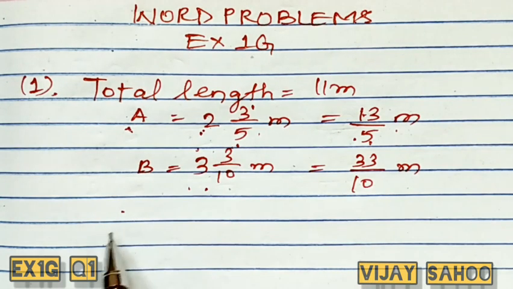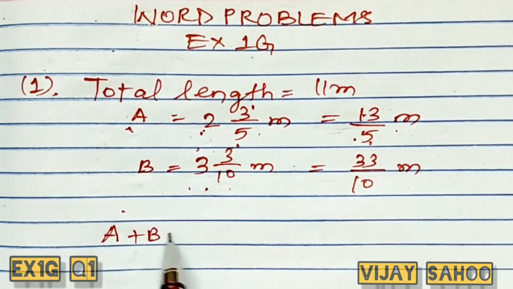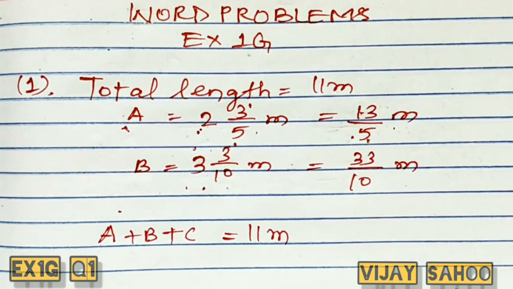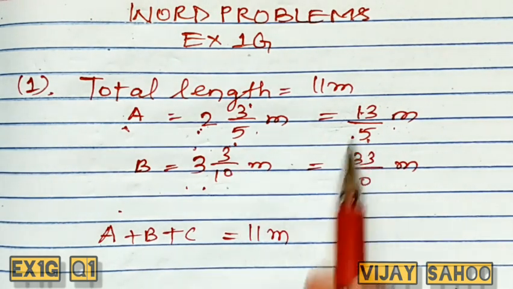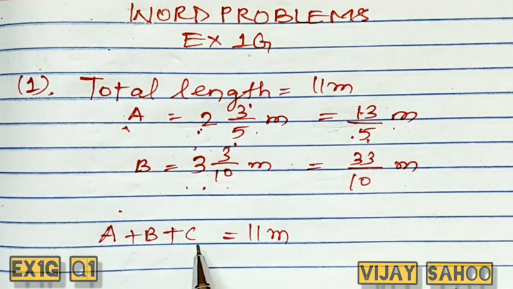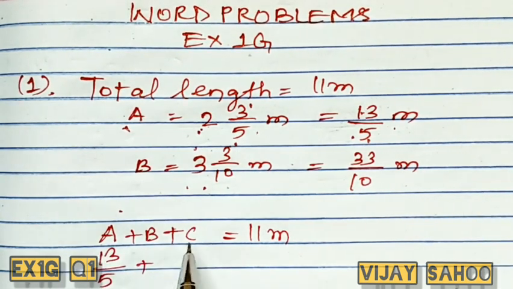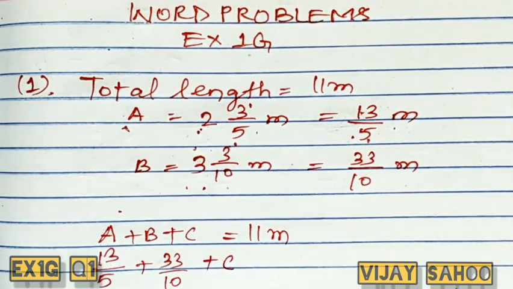A plus B plus C will be equal to 11 meters. From these three parts, two parts are given to us, the third part is not given, so we have to identify that third part. I have taken it as C. The A value is 13 by 5, B value is 33 by 10, C value we don't know, and the total is 11 meters.